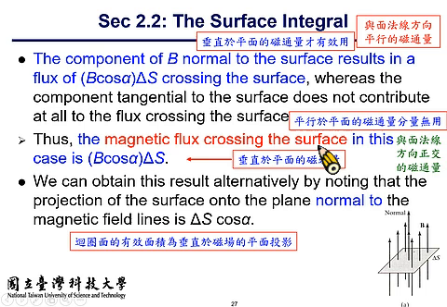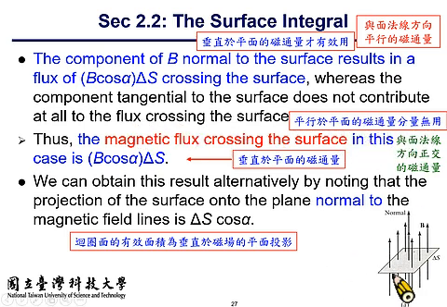And it can be expressed as B cosine alpha times delta S. On the other hand, the components tangential to the surface do not contribute to the flux crossing the surface.